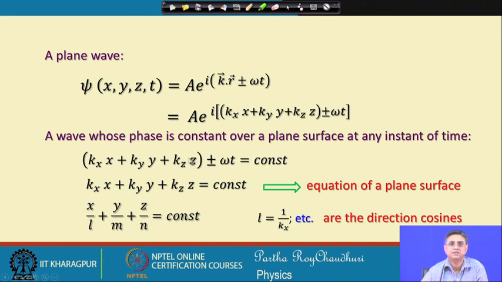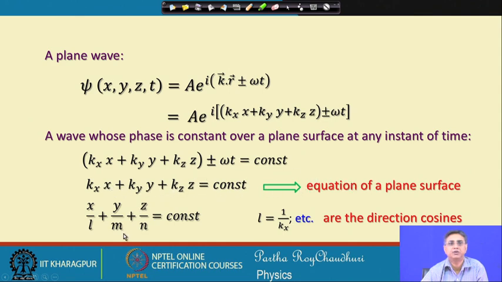So, we look for the locus where this phase remains constant. Because at a given time we look for this constant phase plane, this omega t is a constant. As a result, this quantity is also constant. This is the well known equation of a plane.